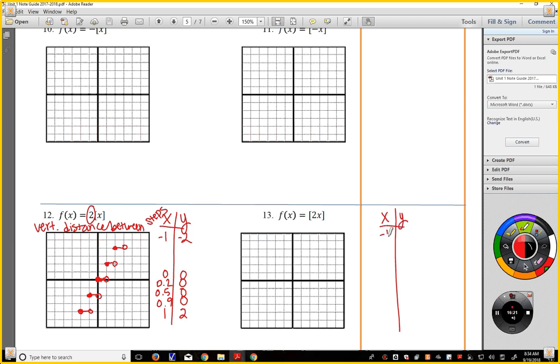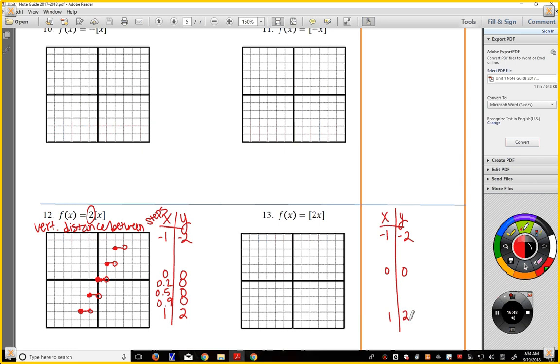So what happens when we put the 2 inside of the greatest integer function, which means we multiply by 2 before we do the rounding. Okay? So -1 multiplied by 2 would become -2, and then it would stay -2. 0 times 2 would be 0, and 1 times 2 would be 2.